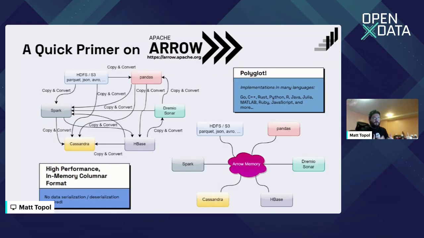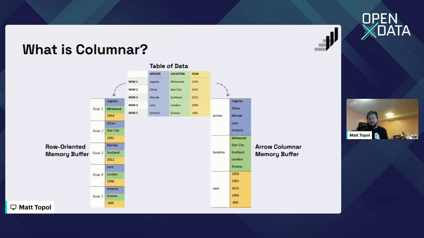The entire point of it is, aside from being super performant by being column-oriented in memory, it's also the exact same layout in memory as it is on the wire. So you get to avoid all of those serialization and deserialization costs. You can pass data between systems, nodes and machines without having to serialize and deserialize. You can just pass the raw bytes through.